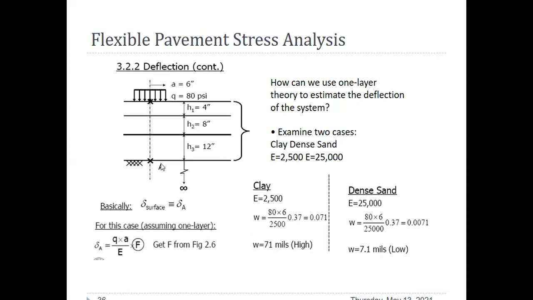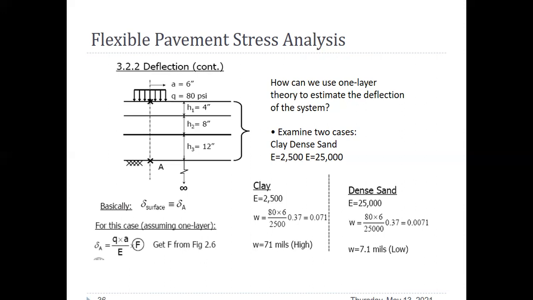So obviously, clay gives a higher deflection as compared to the lower deflection of sand, because of the high elasticity modulus of the sand. So the point is, the magnitude of the deflection depends on the surface on which you are applying the load and on the subgrade.